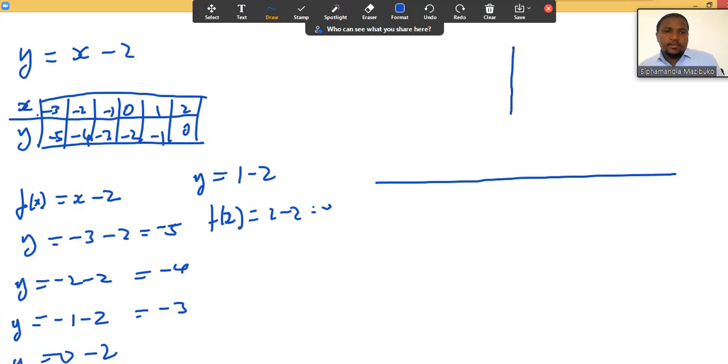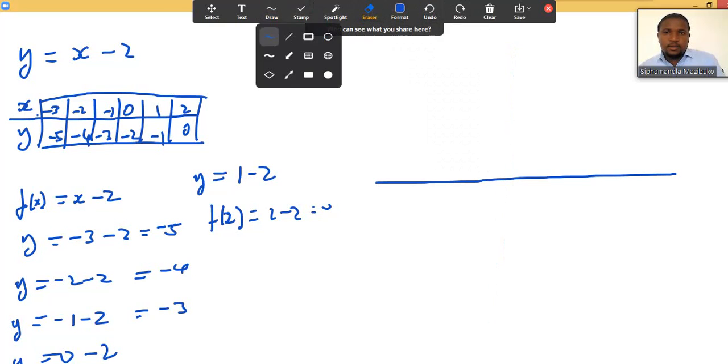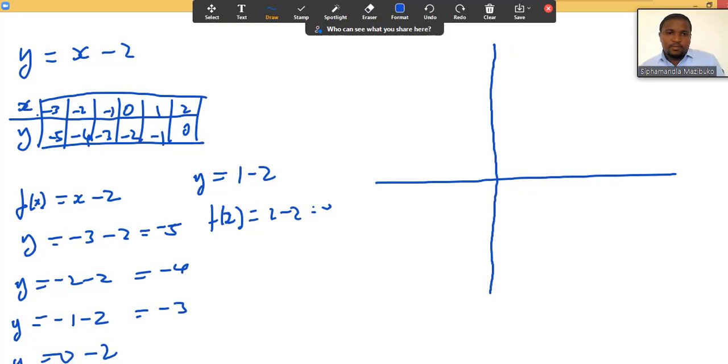This is our graph. I'm struggling there to make it proper or nice. Okay, let me just be more careful. Okay, so this is our graph. So what is happening here?